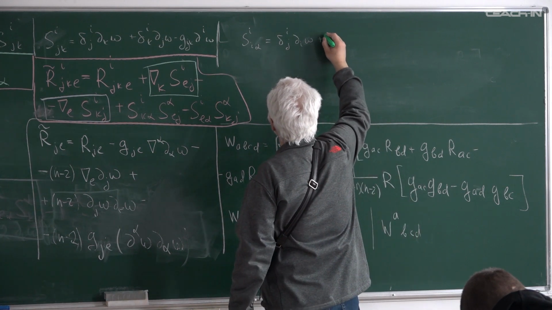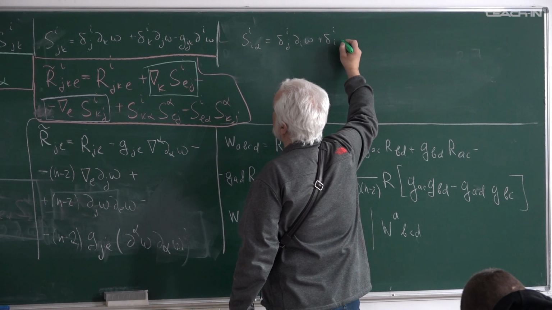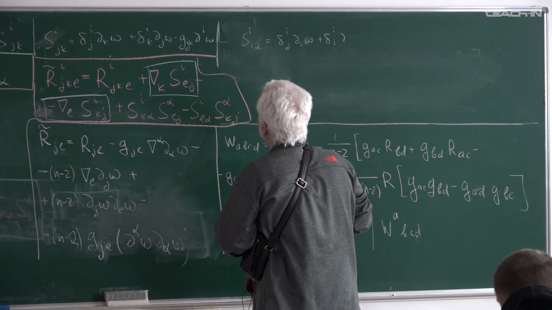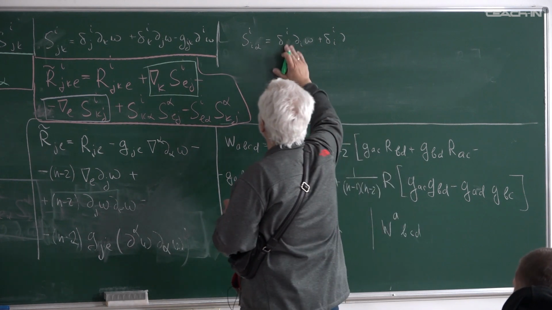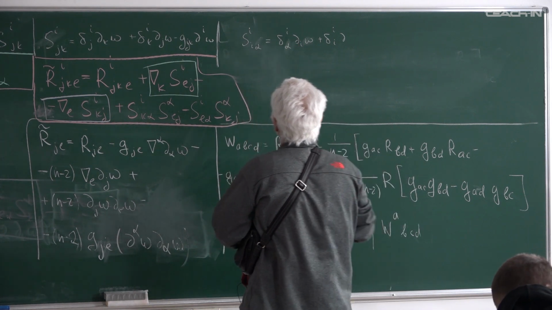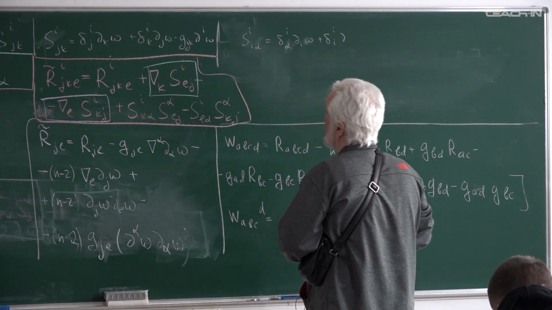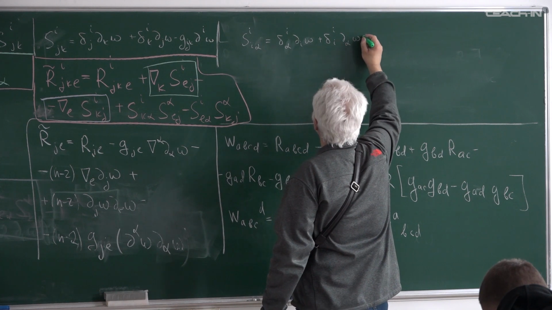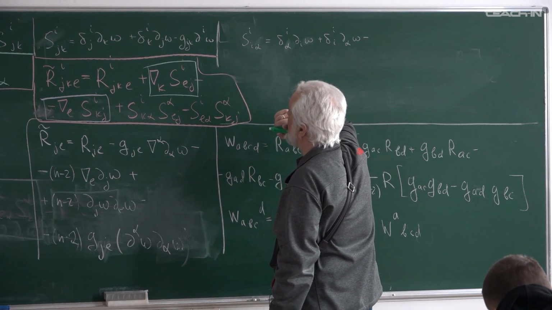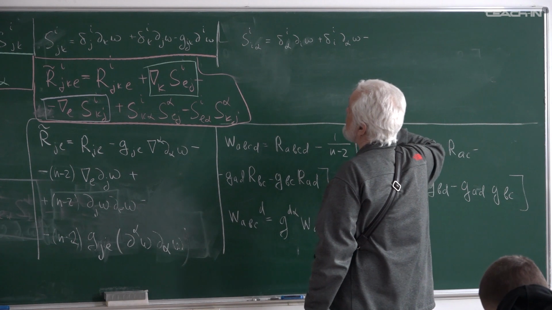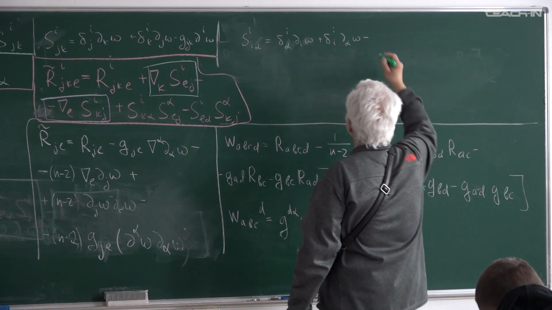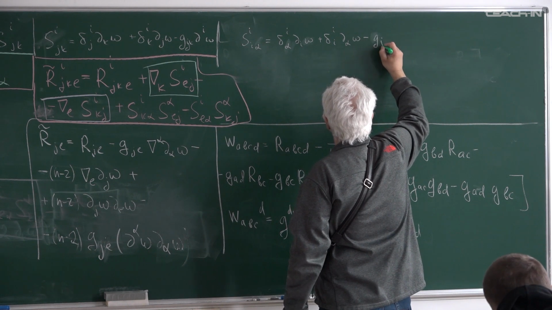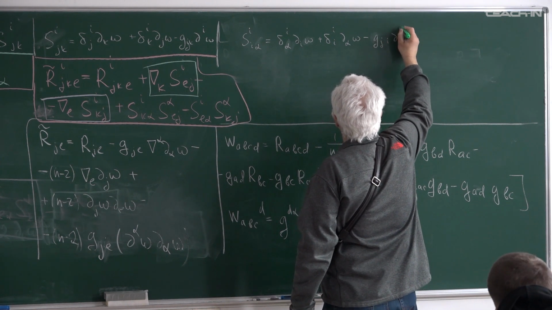Plus delta I alpha, the alpha omega, minus J I the I omega.